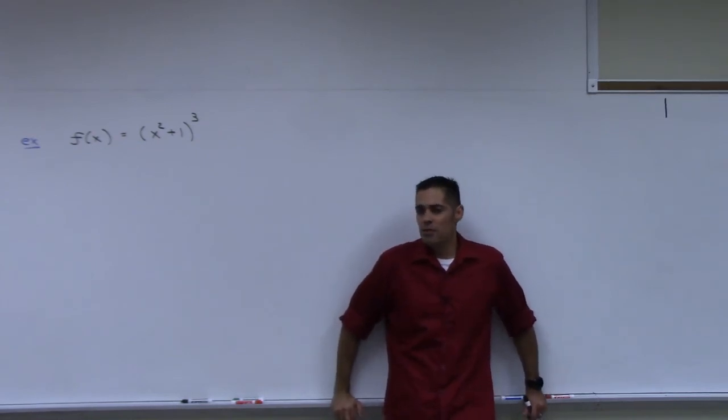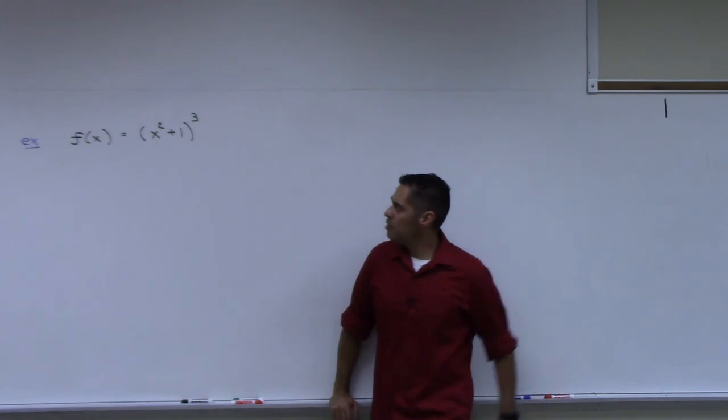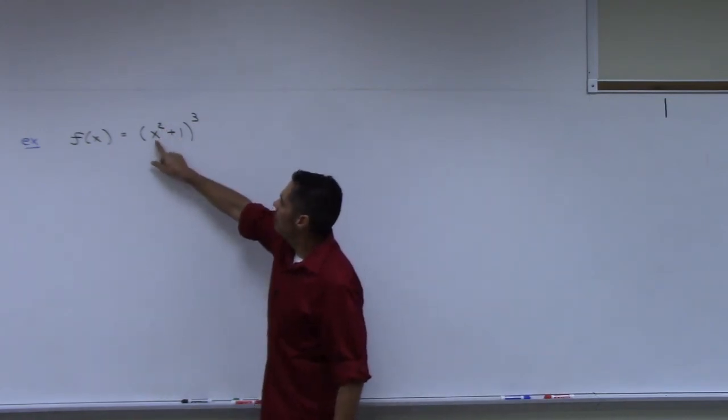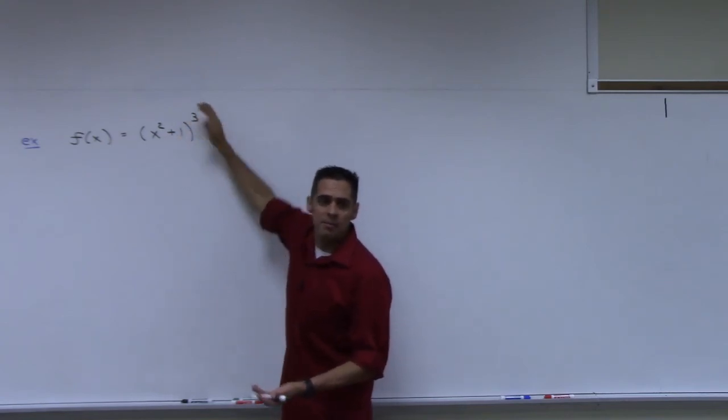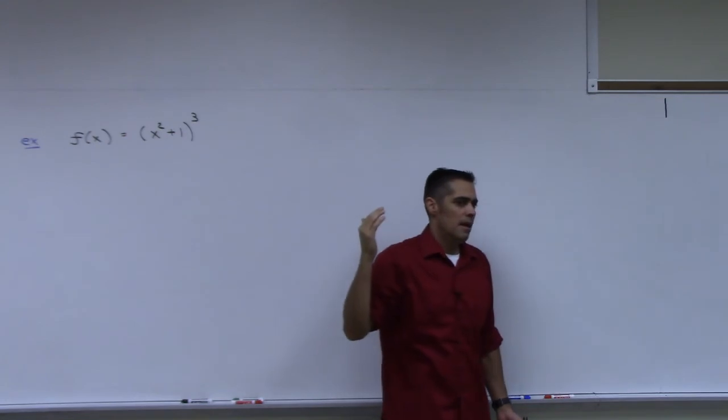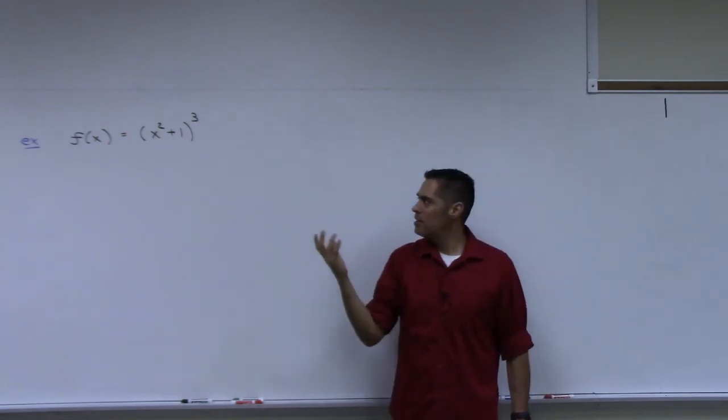So again, we run into an issue here. I mean, we do have x raised to a power. Like we could take the derivative of this right here, right? We could take the derivative of that. If that's all that was there, we would be done. But it's being cubed. And we don't have anything yet to deal with that.